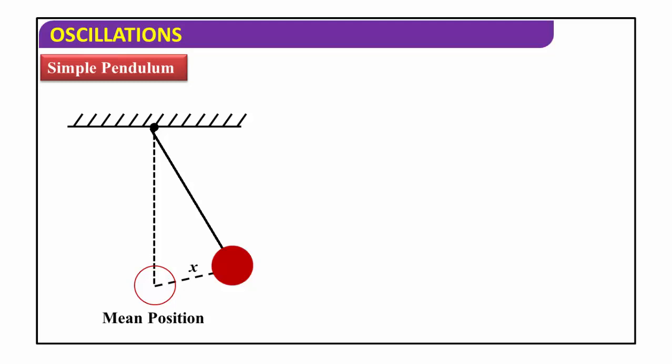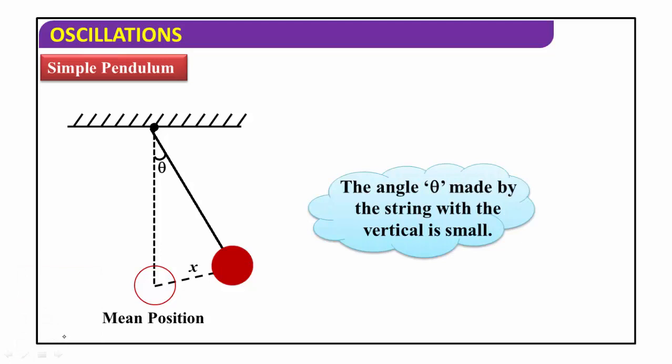Here, consider a simple pendulum. It consists of a small bob, tied to a light string of length L. The other end of the string is tied to a rigid support.